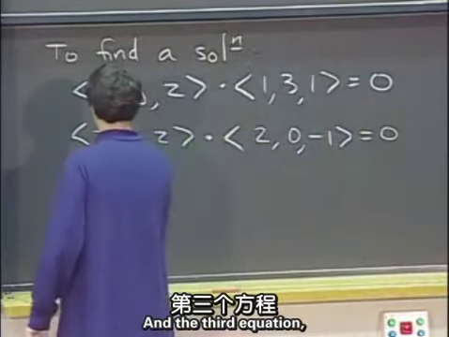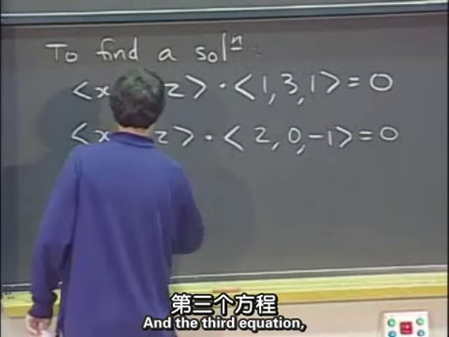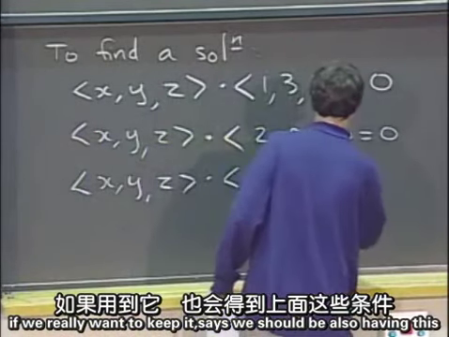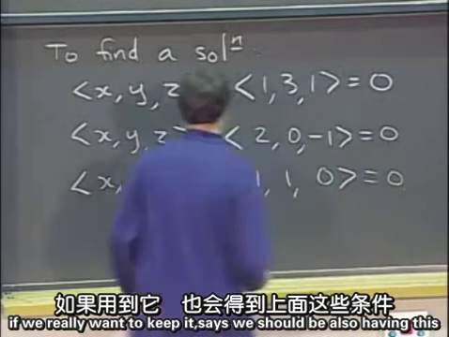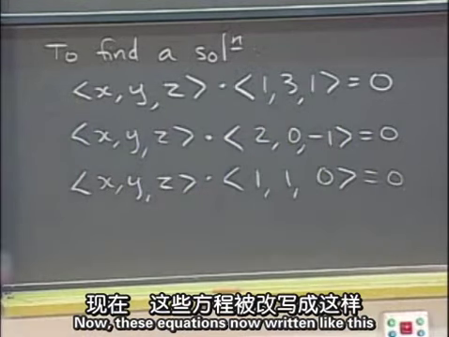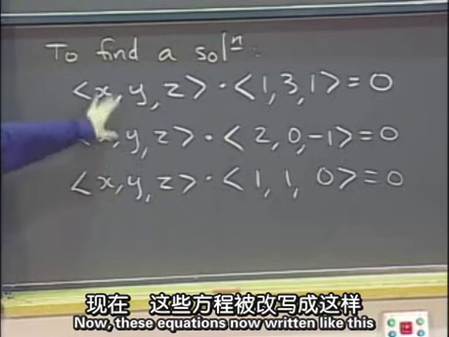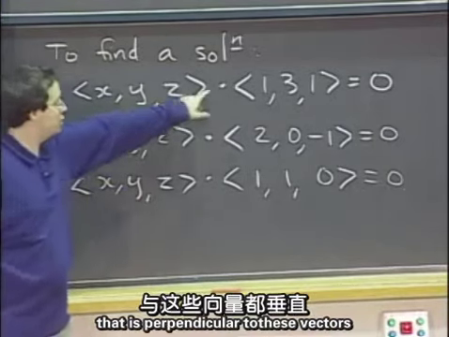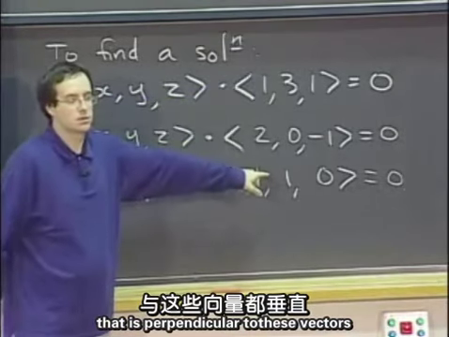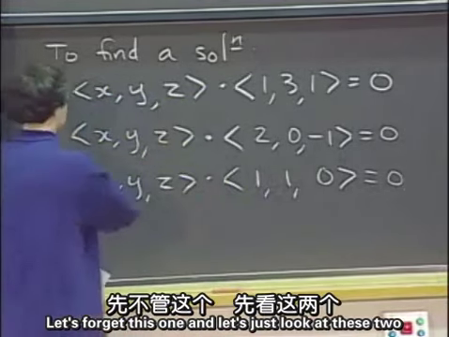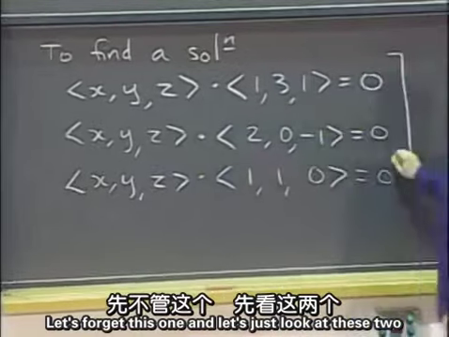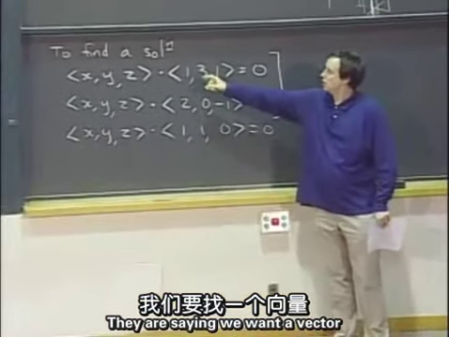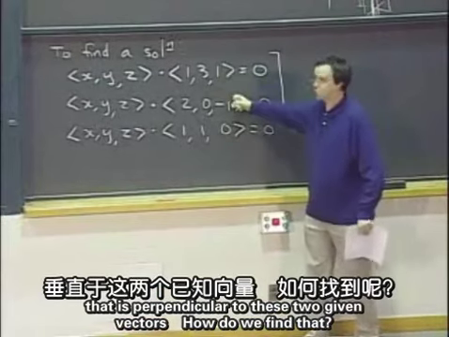And the third equation, if we really want to keep it, says we should be also having this. Now, these equations, written like this, are just saying we want an xyz that's perpendicular to these vectors. So let's forget this one, and let's just look at these two. They're saying we want a vector that's perpendicular to these two given vectors.